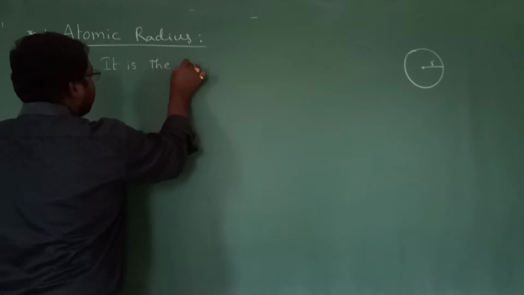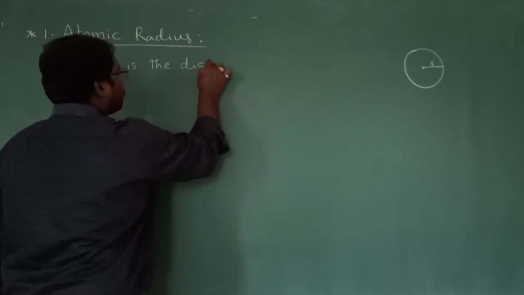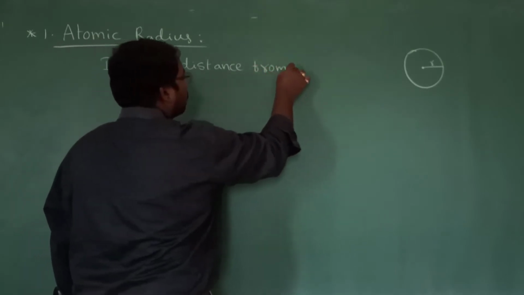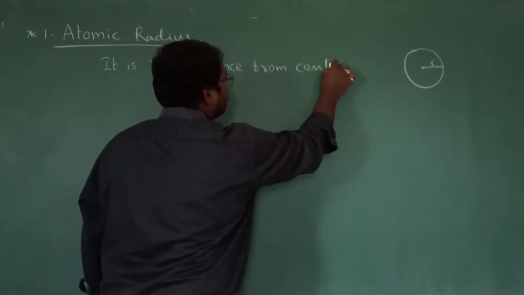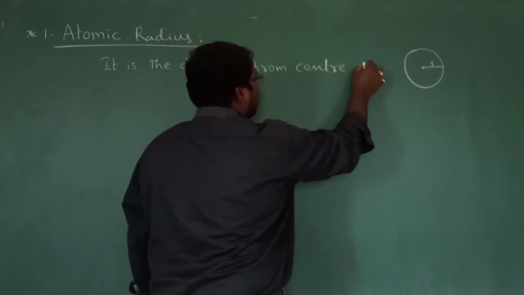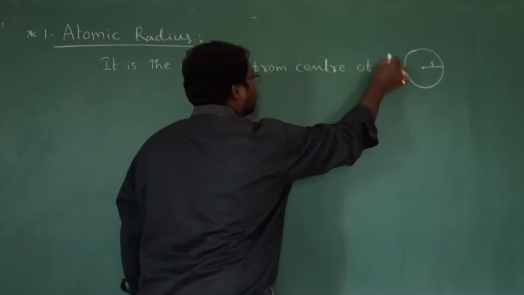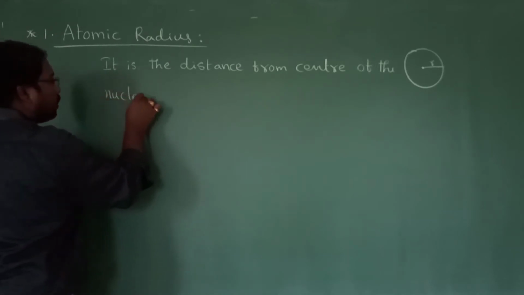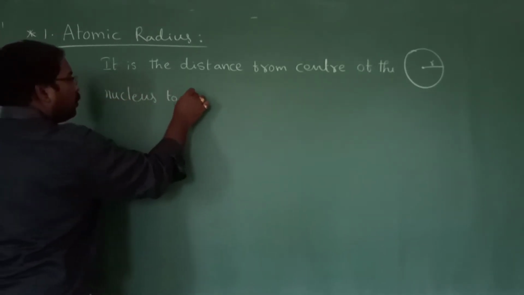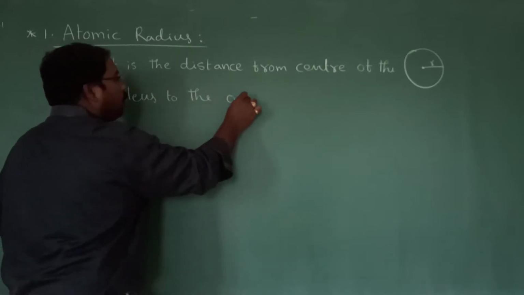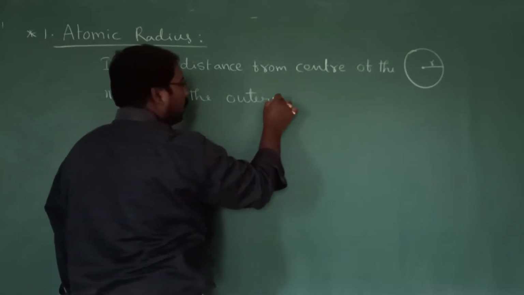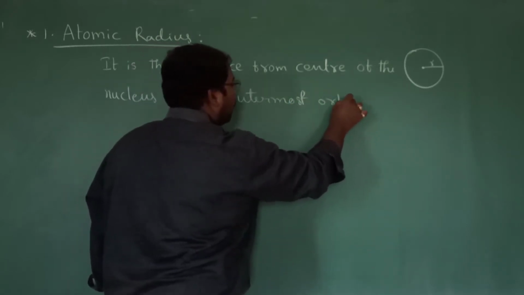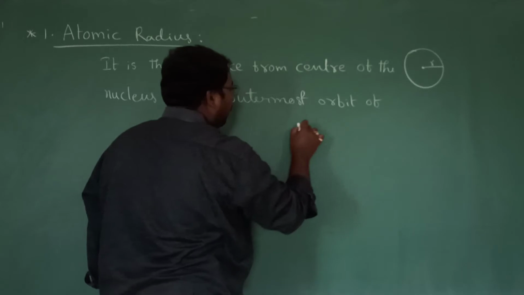It is the distance from the center of the nucleus to the outermost orbit of an atom.